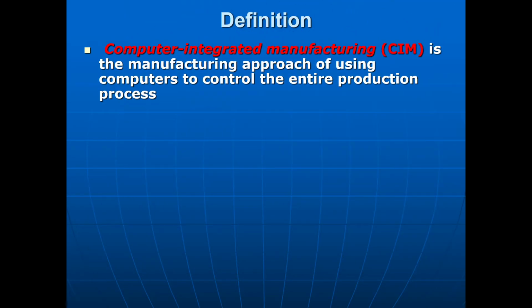So we can simplify it as computer integrated manufacturing: a manufacturing approach of using computers to control the entire production process. As I said just now, the computer is the main part of CIM because it controls all the production processes.